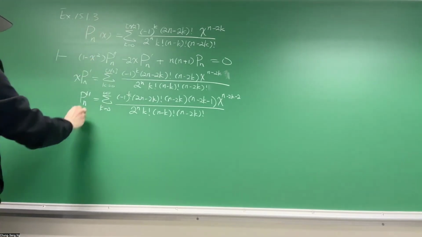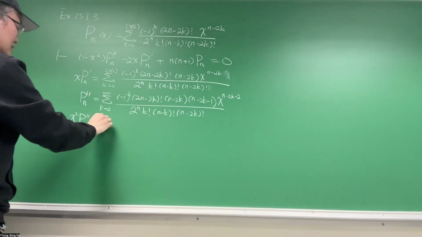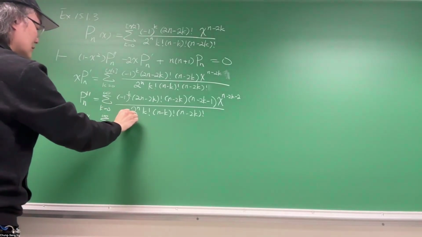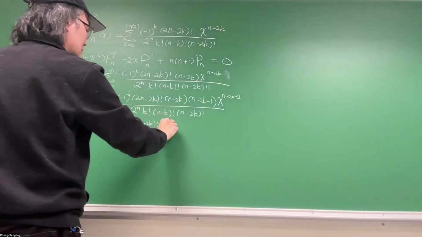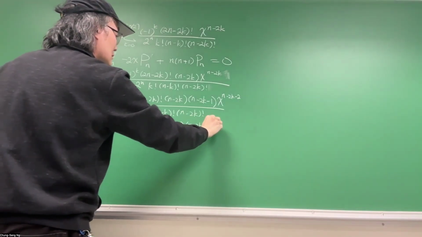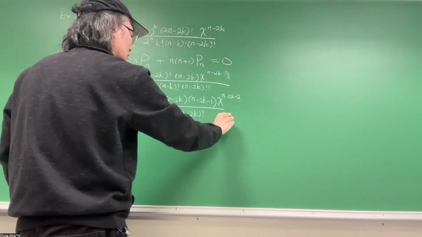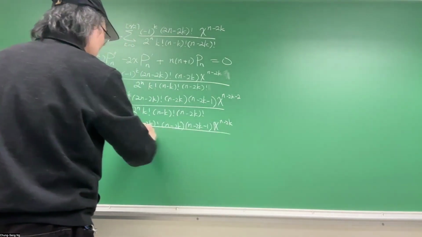So for the second one, x squared P_n double prime is just simple. It's just whatever we have here, and then x squared cancels with this minus 2, so you get back to the same power of x, n minus 2k.